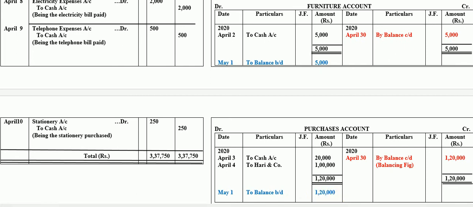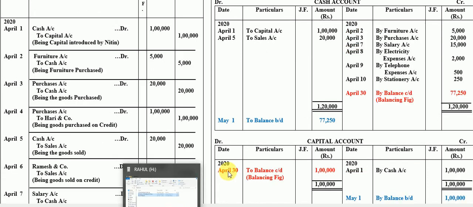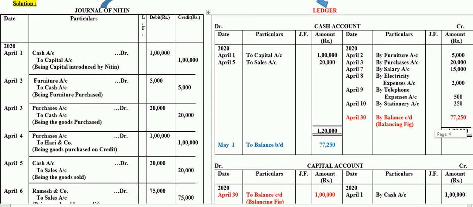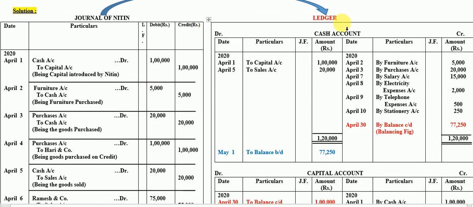So I hope you have cleared all these things. Right now I have discussed how to prepare the journal through these transactions, and how we'll record all these transactions with the help of the journal, and this recording is posted to different accounts, which is known as the ledger.